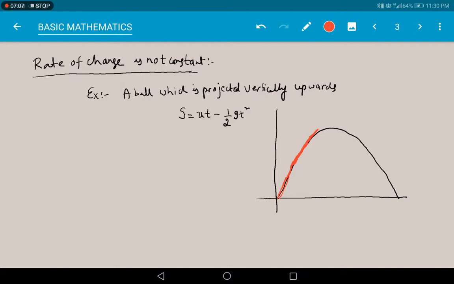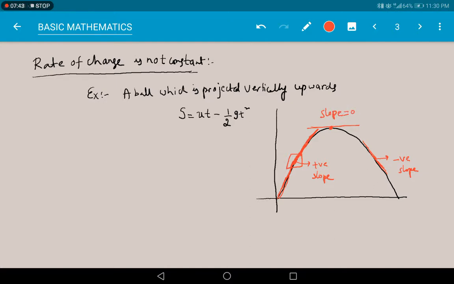When the object is reaching the highest point, its slope is 0. Now again from the highest point, when it is reaching the ground, its slope is negative. So here it has positive slope, here it has negative slope, and here slope is 0.